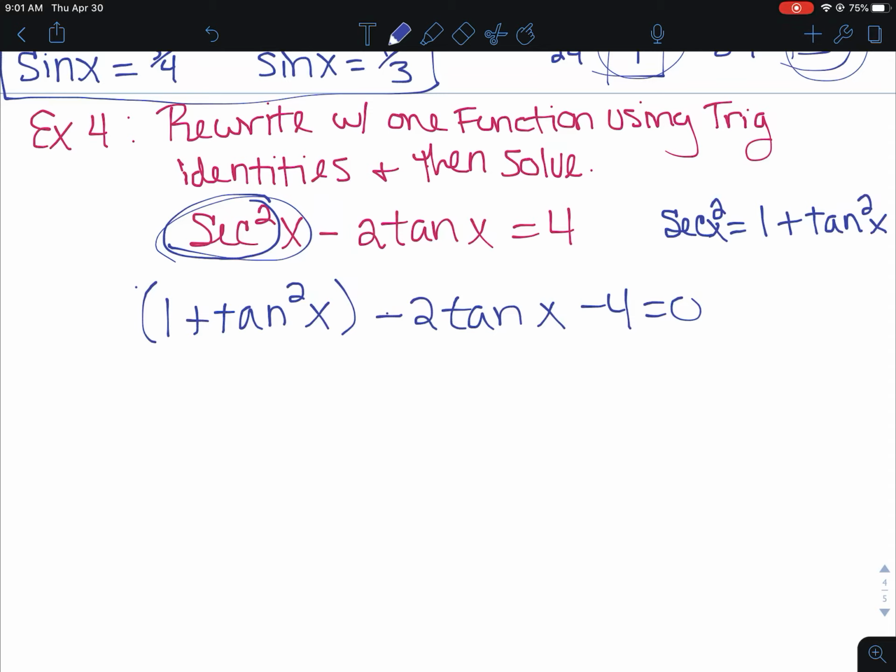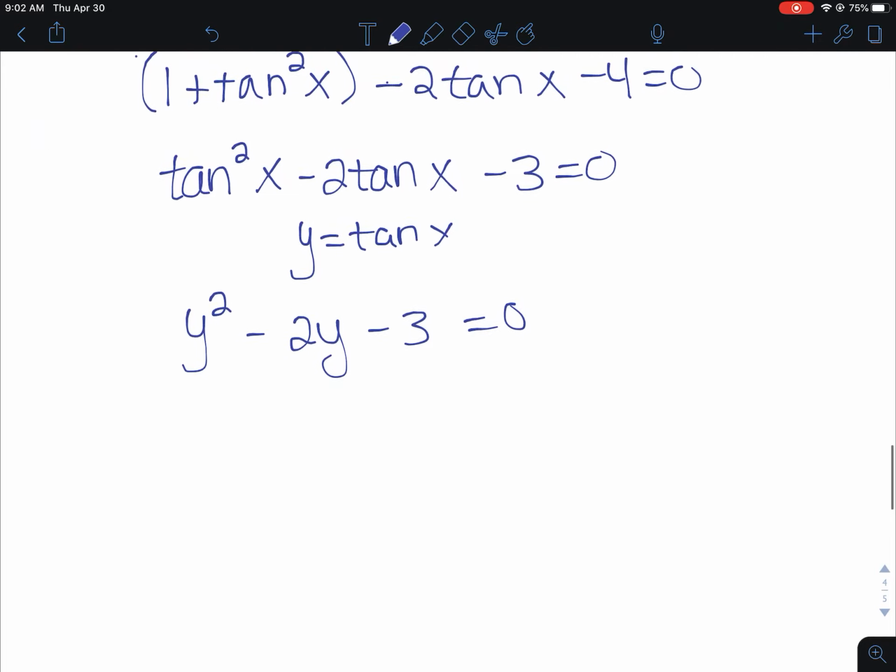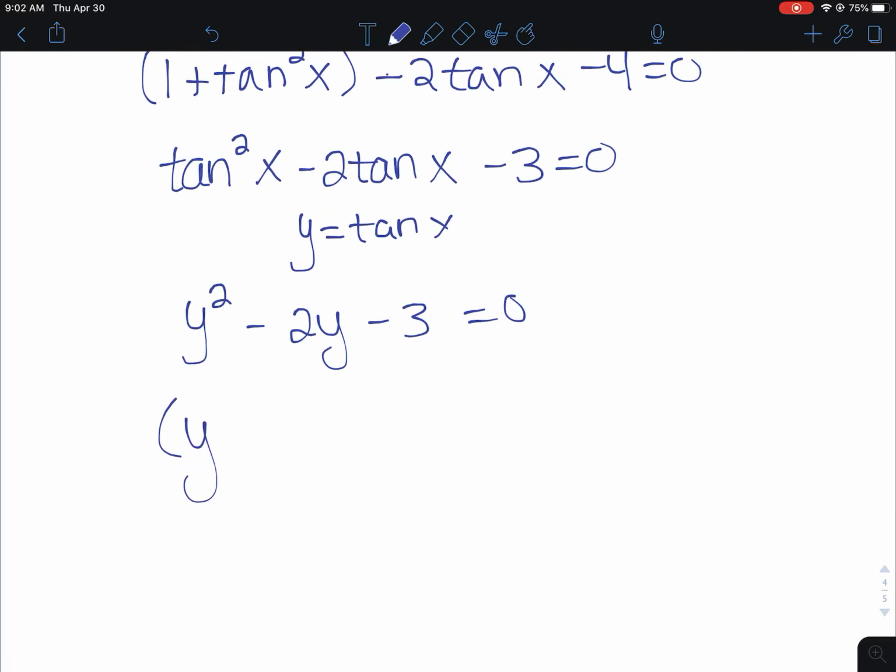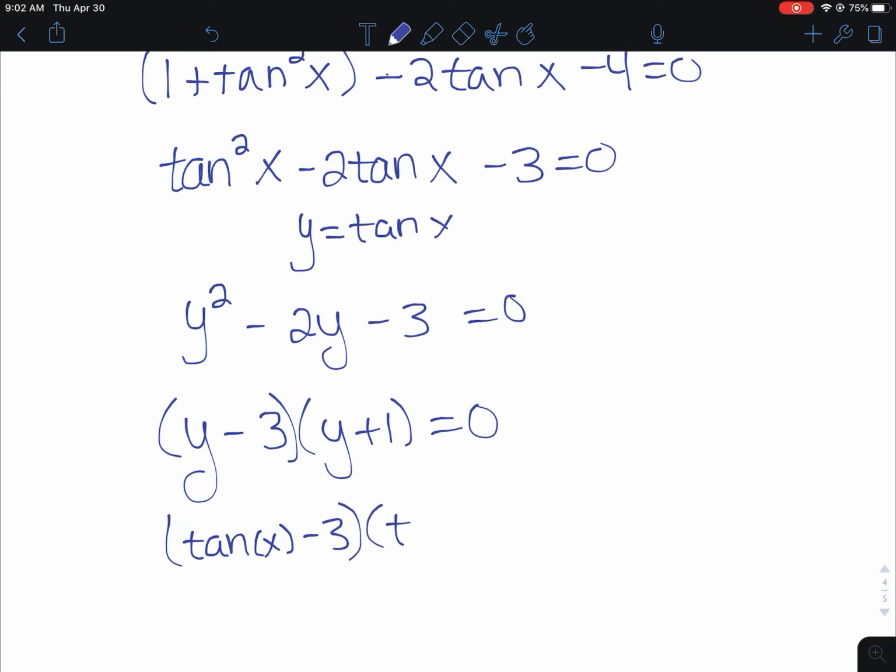Now if we let y equal tangent x, then y squared minus 2y minus 3 is equal to 0. Right? So my factors now could be y minus 3, y plus 1, which is really tangent x minus 3, tangent x plus 1.